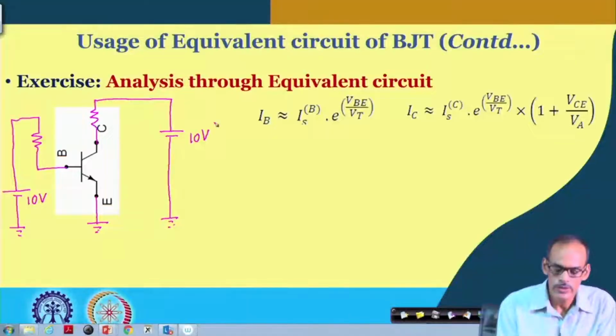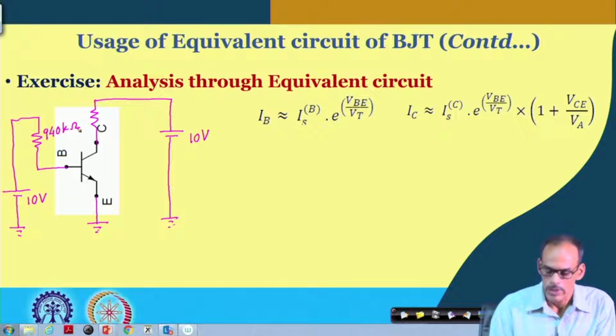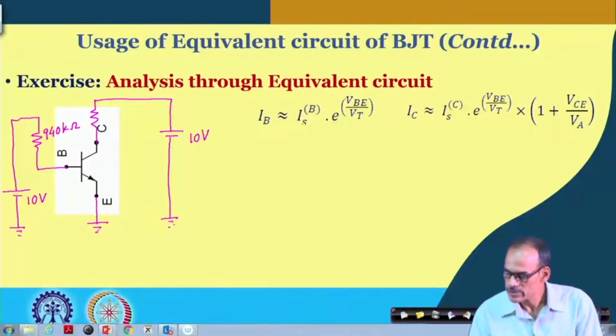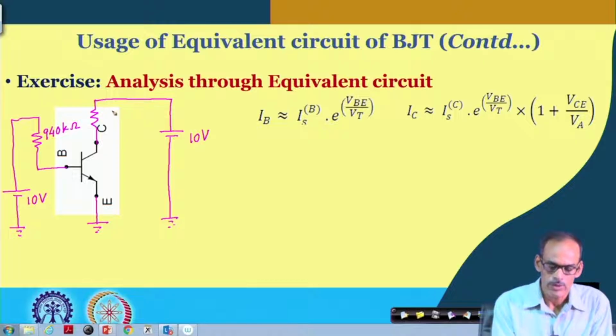And let me assume that this is say 940 kilo ohms, and the other one maybe 4.7 kilo ohm.